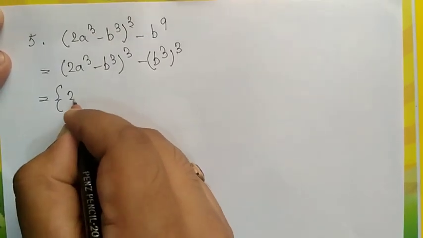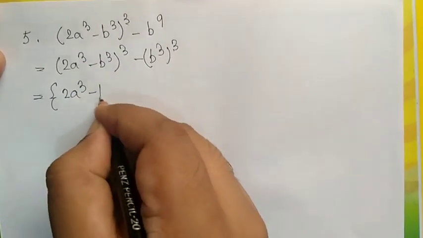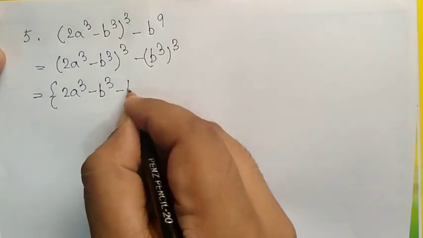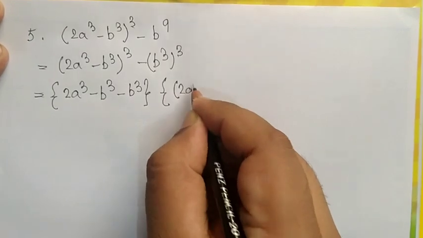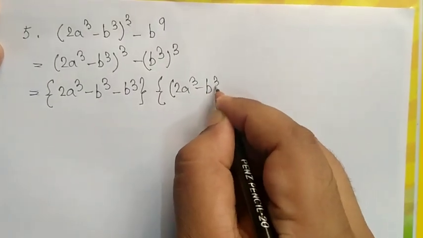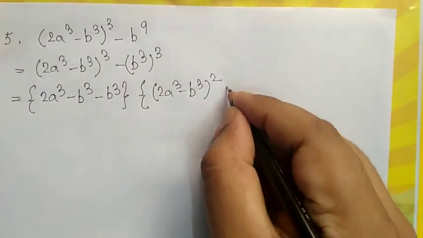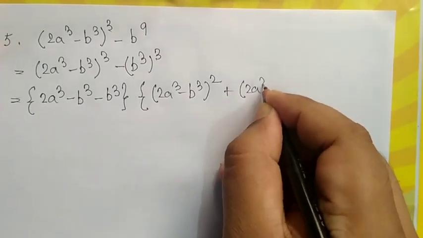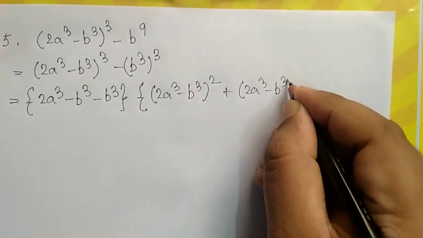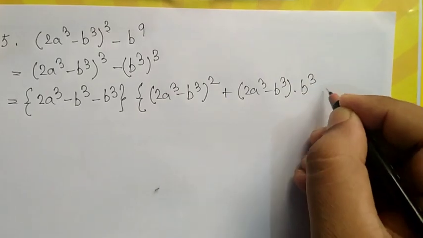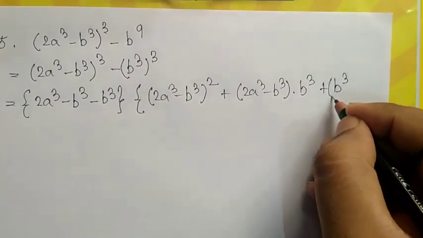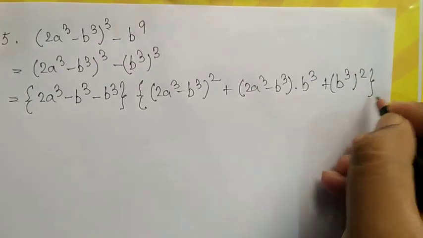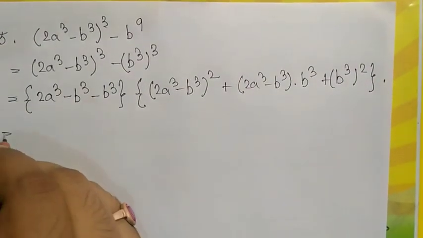Now a minus b, a square plus ab plus b square.